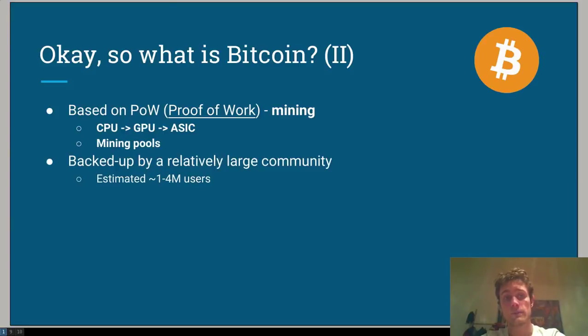So Bitcoin is backed by a relatively large community, at least 1 million users. It's probably more. And in the future, it might still increase by quite a bit if Bitcoin can hold its promises, and that's why Ethereum is so exciting.